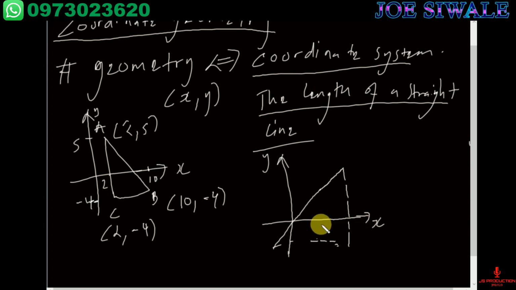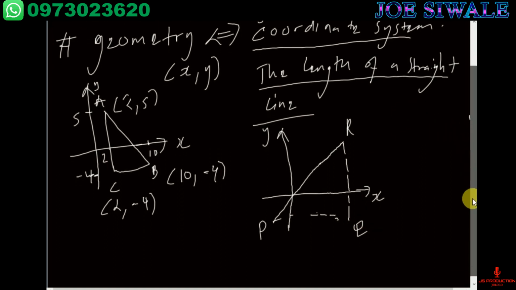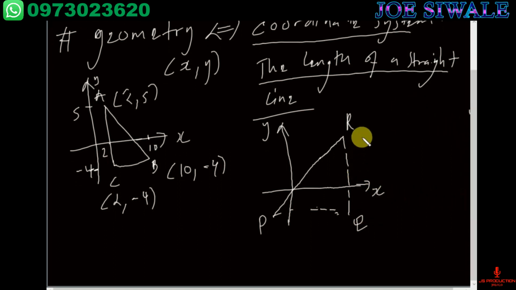And we say that this is our point P, this is our point R, and this is our point Q. Let's take, for instance, we have been given a question, and the question says calculate the length of line PR. And as you can see, this triangle is a 90-degree triangle.